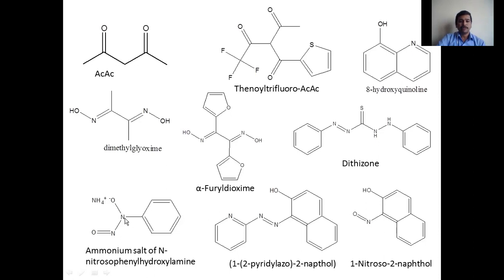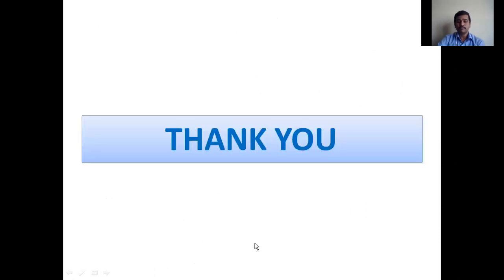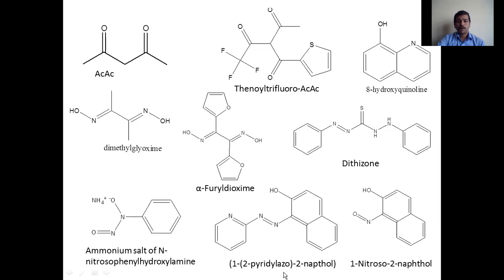So N-nitrosophenyl hydroxylamine, ammonium salt of N-nitroso, N double bond O is nitroso, hydroxylamine, phenyl hydroxylamine, and 1,2-pyridyl azo 2-naphthol. This is 1,2-pyridyl azo 2-naphthol, and similarly 1-nitroso 2-naphthol.